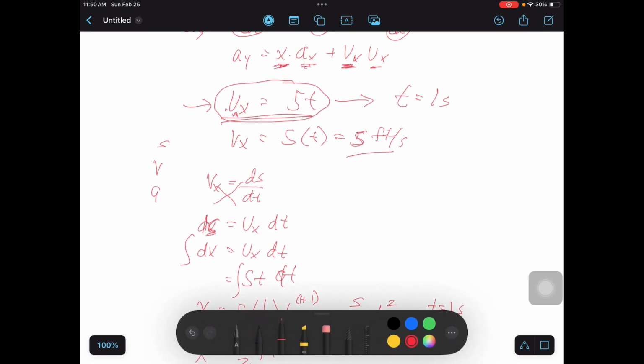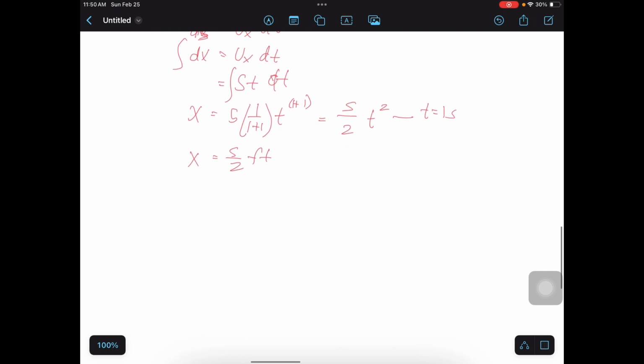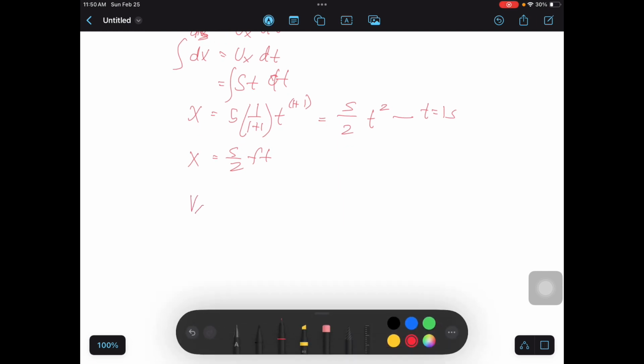Now, let's get ax. Let's derive the function of velocity. So, vx is equal to 5t. Let's differentiate with respect to time to get acceleration. The derivative of this is just 5.